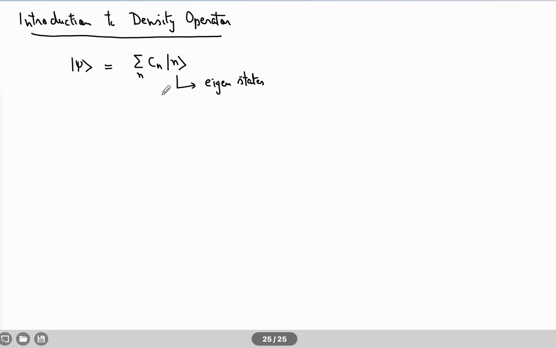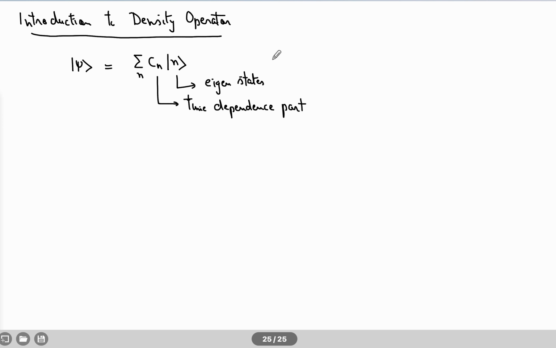So any time dependence that goes in, because psi is time dependent, Cn will have time dependence, or the coefficients of this linear combination will have the time dependence part, right?